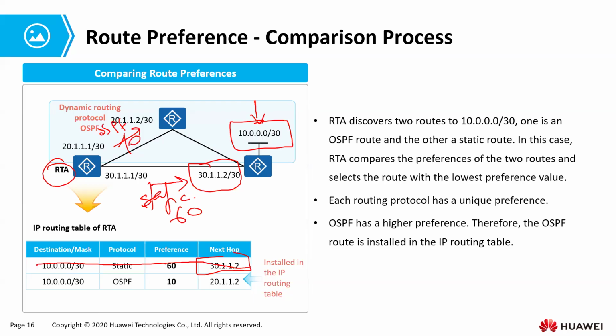For those who did Cisco, I think it might be a bit confusing, because for Cisco, static actually has a lower value. I think OSPF's AD value here should be 90. Anyone on Cisco, it should be 90. Static, is it not 1?